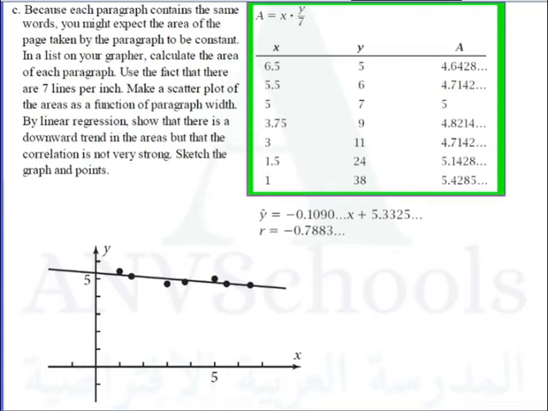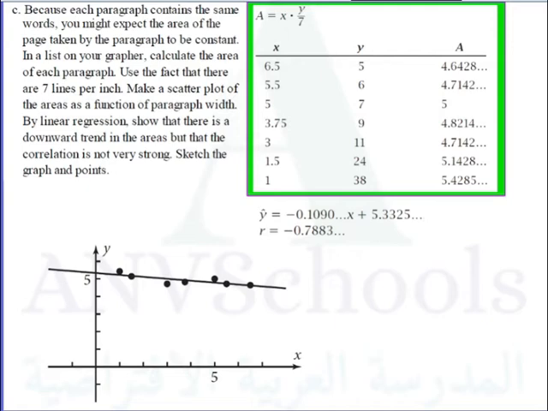Make a scatter plot of the area as a function of paragraph width. So the width of the paragraph. By linear regression, show that there is a downward trend in the areas, but that the correlation is not very strong, and sketch the graphs and points. So these are the sketch, and these are the scatter plot, and these are data.